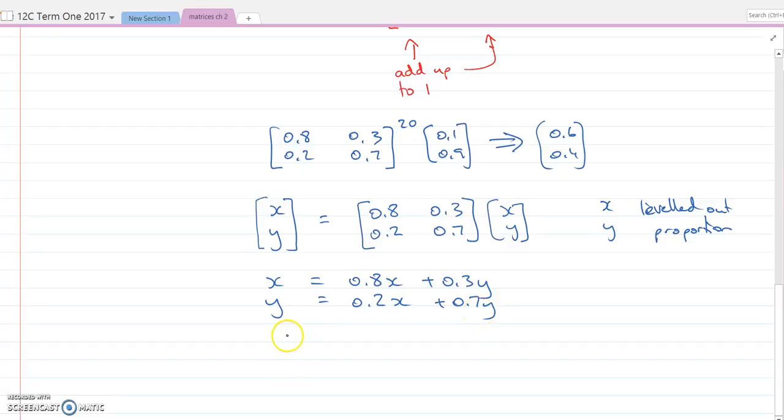Let's rearrange a little bit. Rearranging equation 1, I get 0.2x equals 0.3y, or x equals 1.5y.